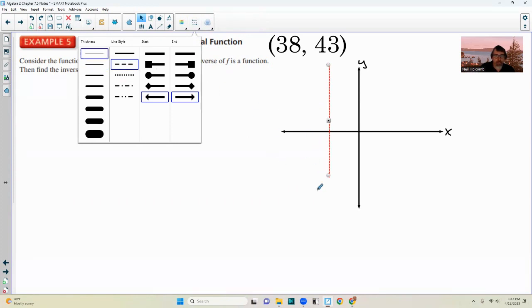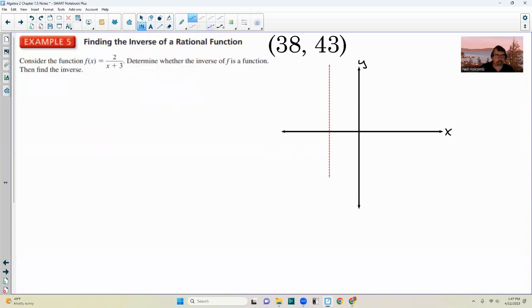Okay, and maybe even thinner. That's better. So there's my line, and I haven't labeled my axis yet. So this would be -1, this would be -2, and this is -3. So this is x equals -3. There's my vertical asymptote. Let me extend it a little bit down like so.